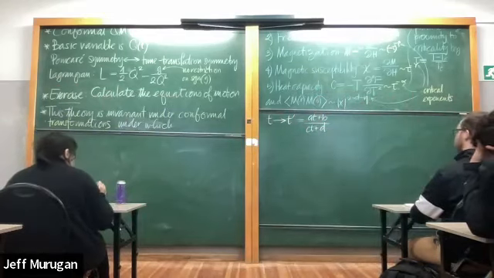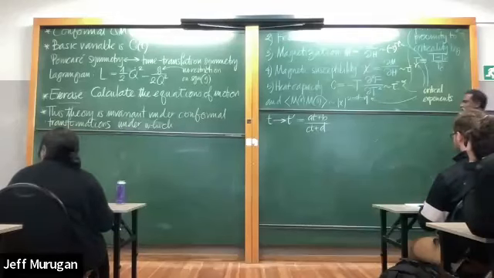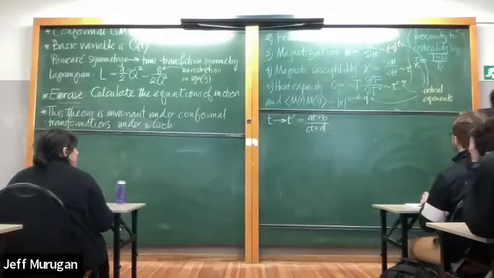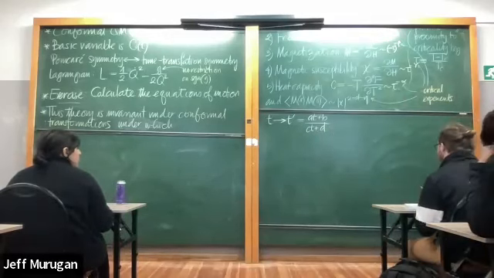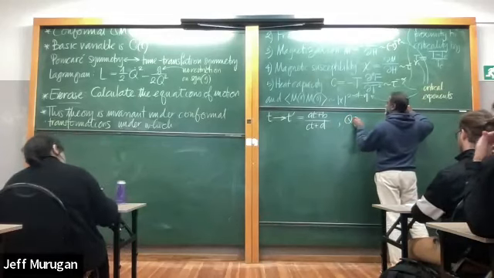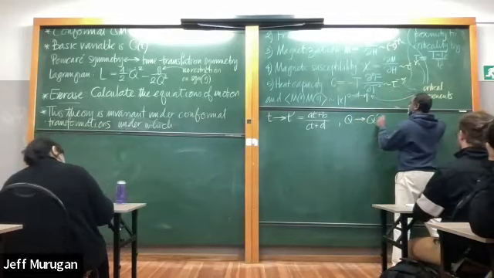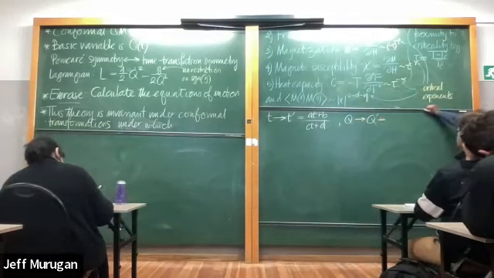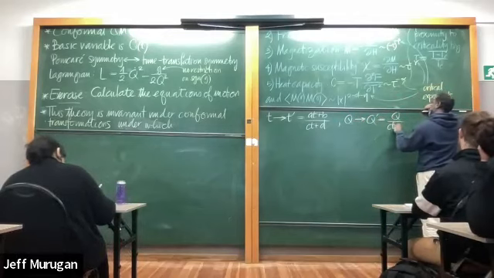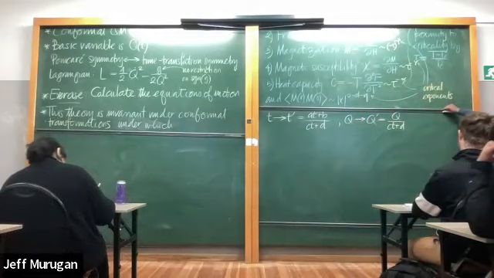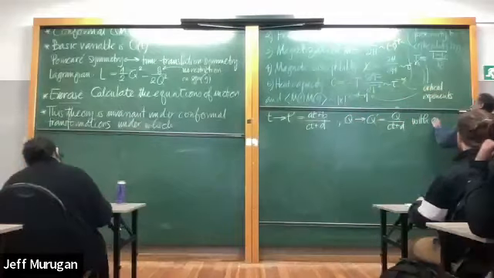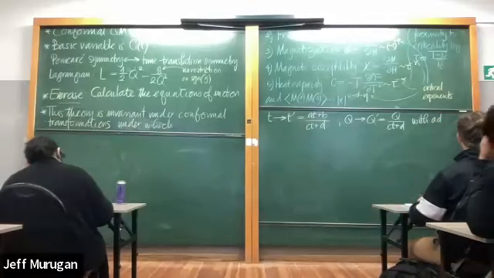Again, think back to what you learned in complex variables theory. Simultaneously, we have to change Q, so that Q prime is Q over (c t plus d). And the restriction that we have is that ad minus bc equals 1.